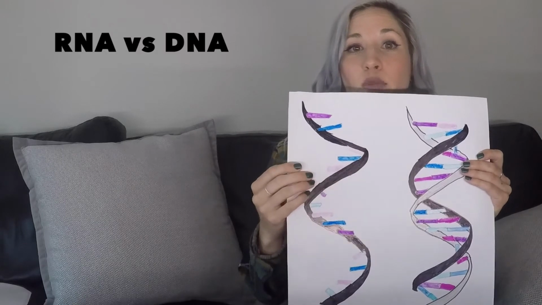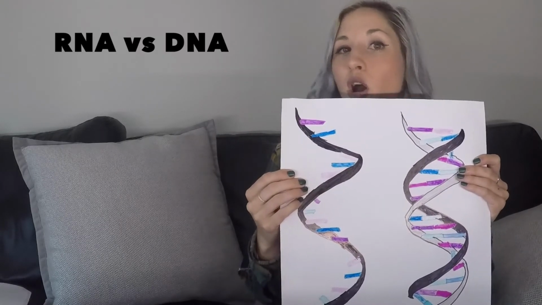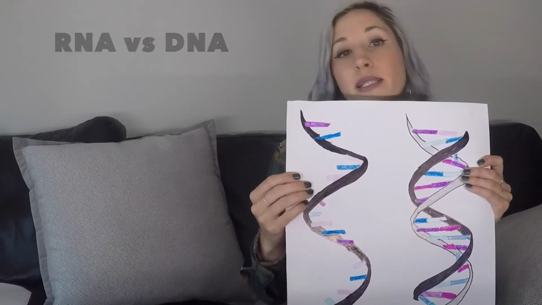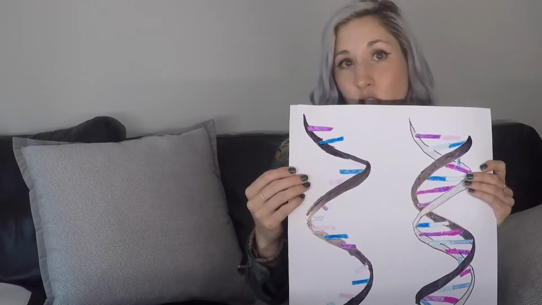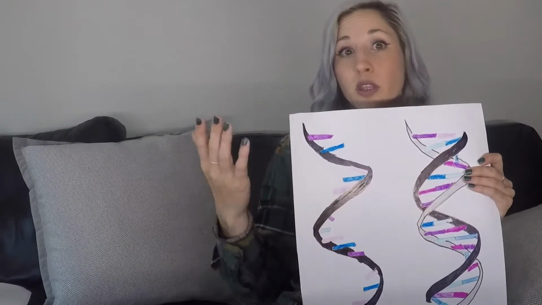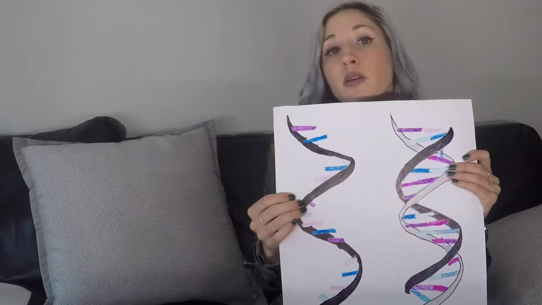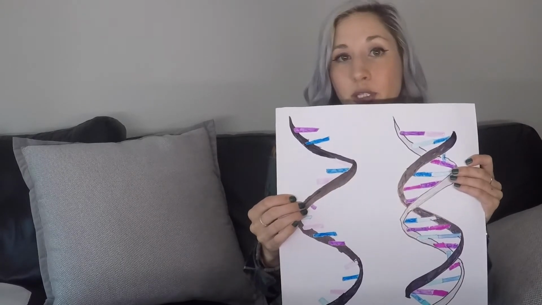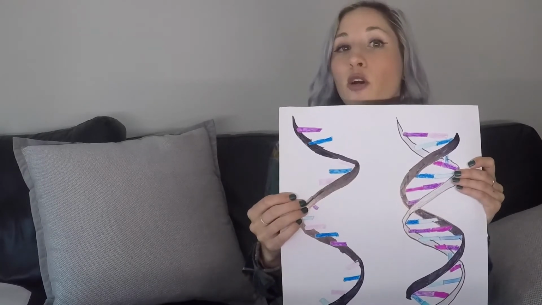And here I am showing you single-stranded RNA, which makes up some viruses' genomes. And the virus you have heard about in the news, the family of coronaviruses, they have an RNA genome. Now, both do the same thing. They both encode proteins that are necessary for survival and replication.